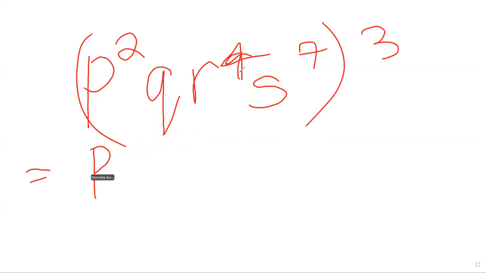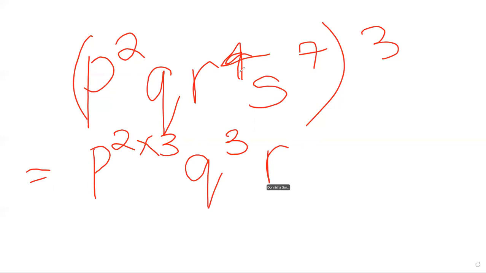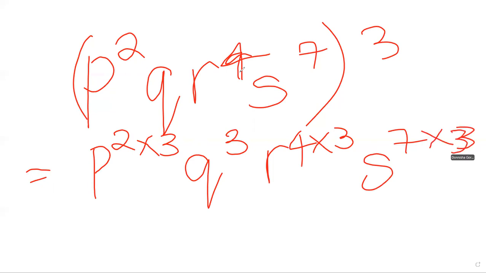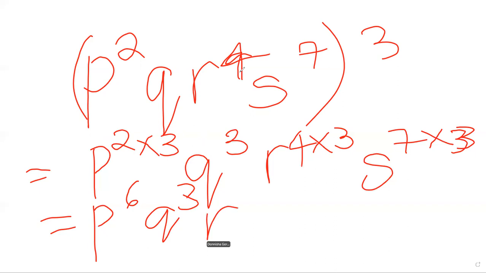So p squared is being cubed, we multiply the powers. q is being raised to the power of 3. r to the 4th power is being cubed, so we multiply the powers. s to the 7th power is being cubed, so we multiply the powers. That equals p to the 6th power, q cubed, r to the 12th power, s to the 21st power. And if you got that, then just give yourself a big thumbs up.